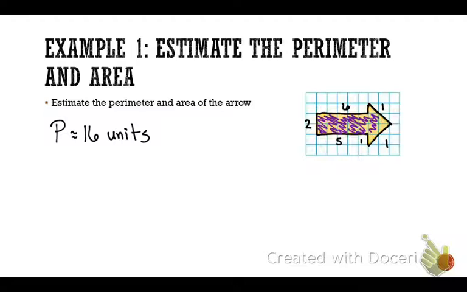So I have 12 whole blocks, so area is approximately, okay, 12 is the number of whole blocks, but now I have to count the halves. 1, 2, 3, 4 halves, which would be another 2 units. So the area is approximately 14 units squared.